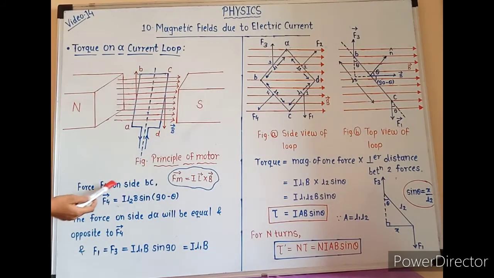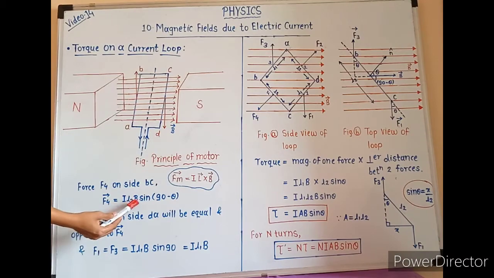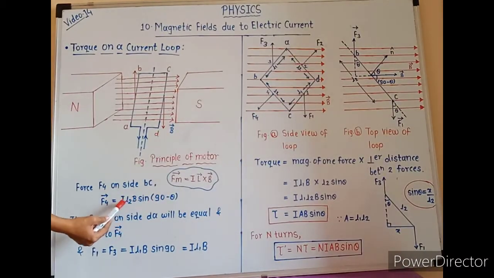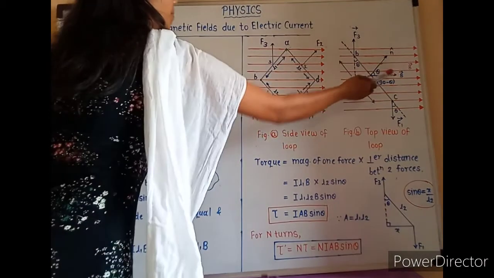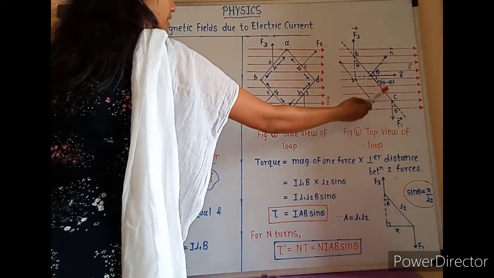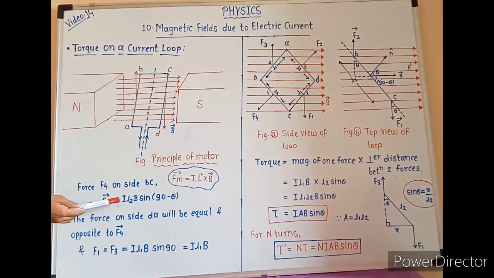So force F4 on side BC is I L2 B sin theta, where L2 is the length of side BC. Now theta is the angle between L2 and B bar. So the angle between B bar and this side BC is 90 minus theta. So we get F4 is equal to I L2 B sin(90 minus theta).